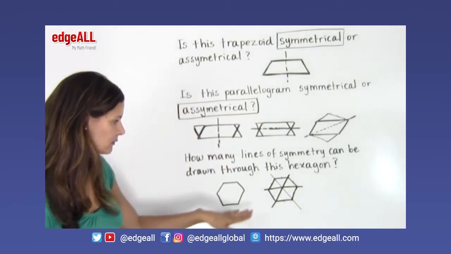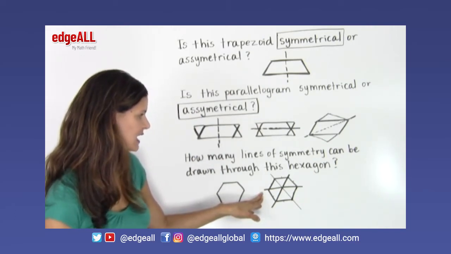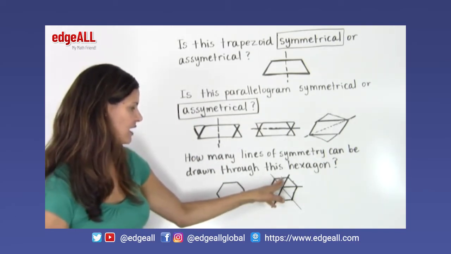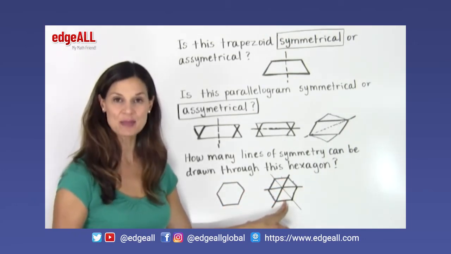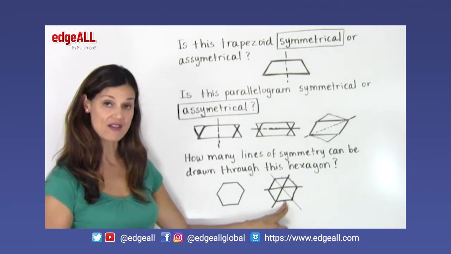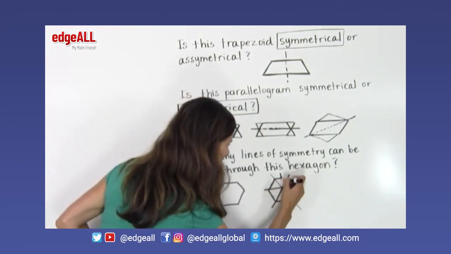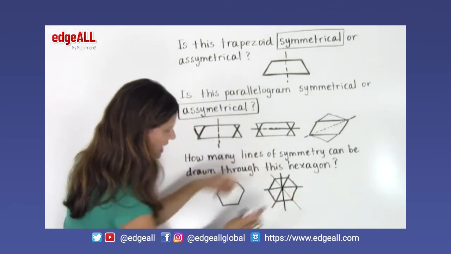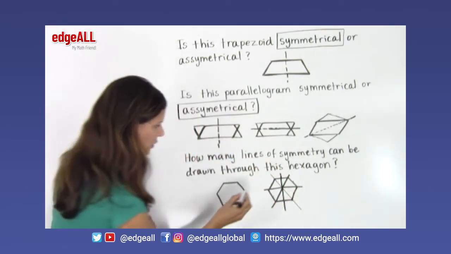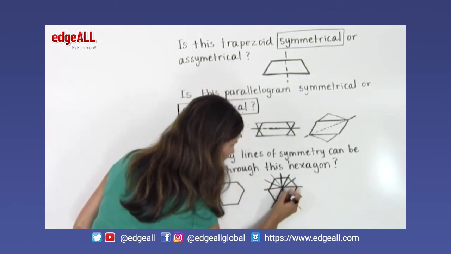Similarly, we can see too that if we draw lines from the center of one side across to the center of its opposite side, we also have a line of symmetry. We can do a line right here down the center, and we've got this shape matching this shape, mirror reflections. We can do a line of symmetry through here and through here as well.